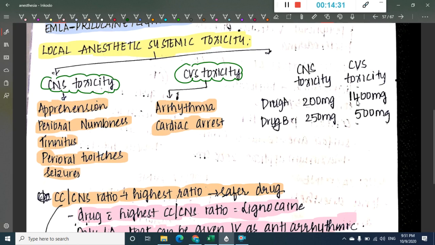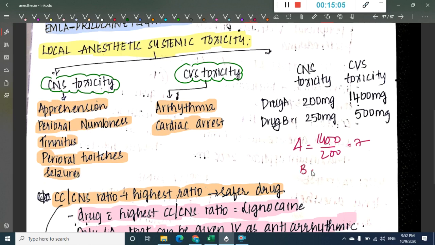For drug A, the CVS to CNS toxic dose is 1400 by 200, that is equal to 7. Here, CVS side effects like arrhythmia and cardiac arrest are manifested at 1400 milligrams, whereas CNS toxic effects like apprehension, perioral numbness, tinnitus, perioral twitches or seizures are manifested at 200 milligrams. That is the meaning of that.